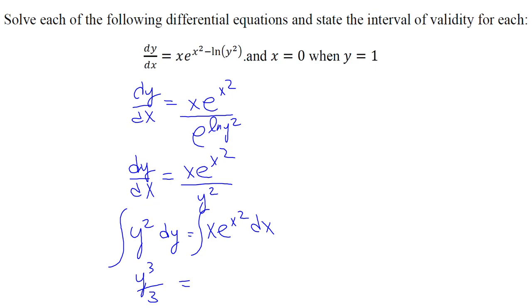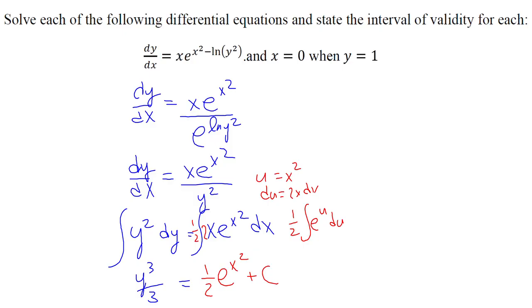So we get y cubed over 3 is equal to, and when we do this x e to the x squared, the substitution is u is x squared, du is 2x dx. So we put in the 2 and the 1/2, and it just ends up being 1/2 the integral of e to the u du. So we have 1/2 of e to the x squared plus some constant.